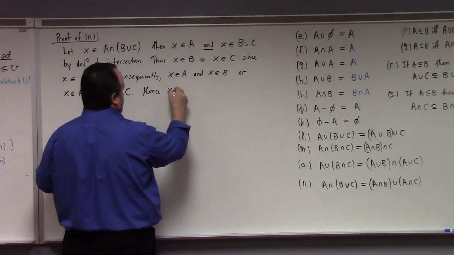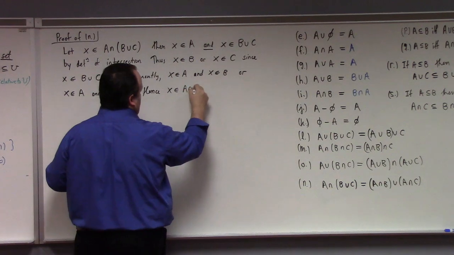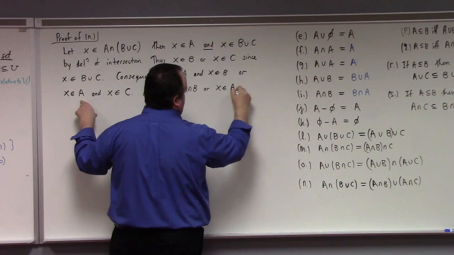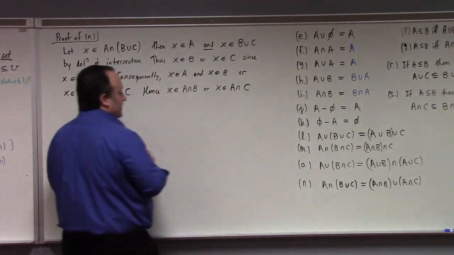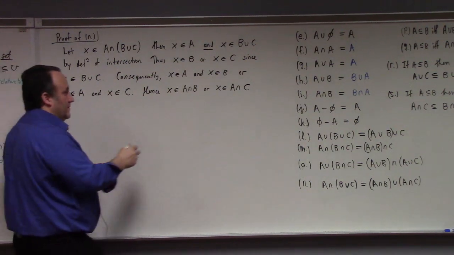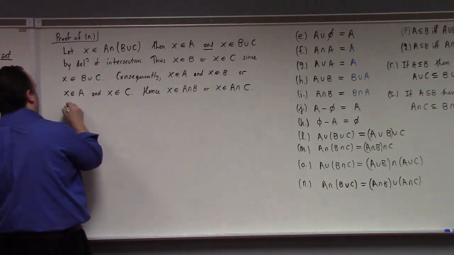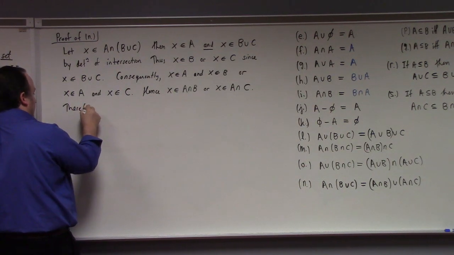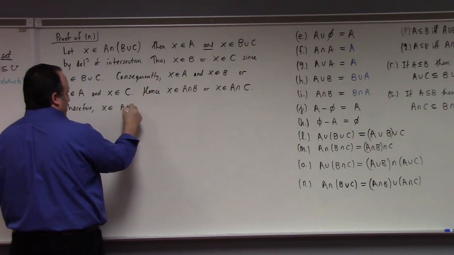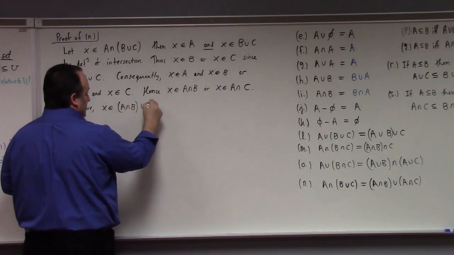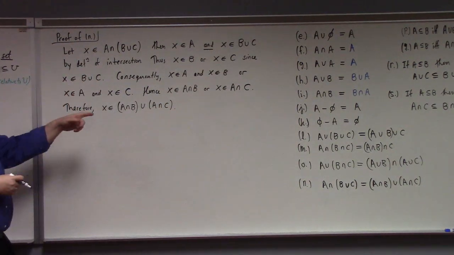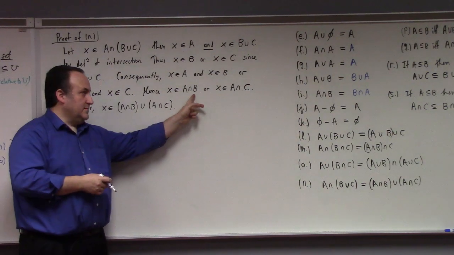Hence, X is an element of A intersection B, or X is an element of A intersection C. Therefore, X is an element of A intersect B unioned with A intersect C. Because it's in this set or that set.